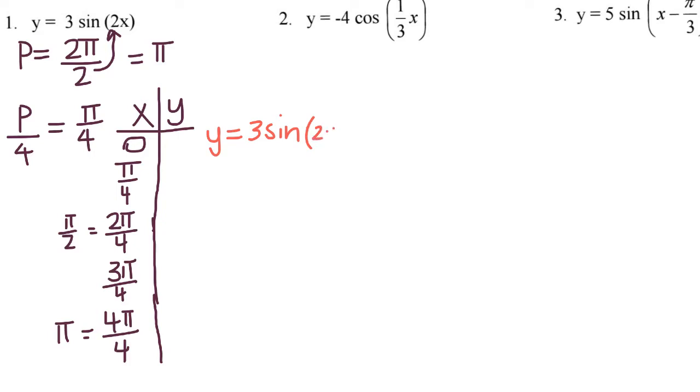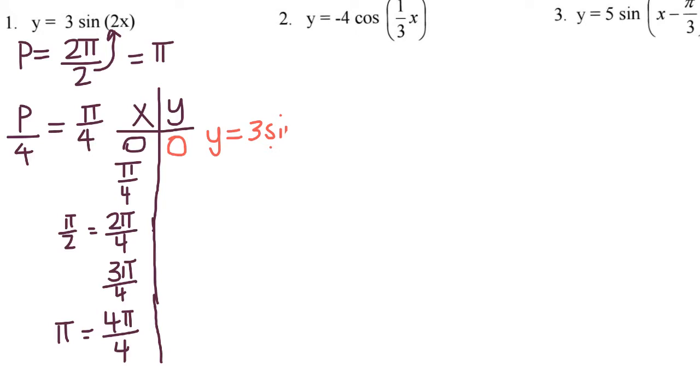And you would multiply 2 times 0, get 0, sine of 0 is still 0, and then 3 times 0 is 0. That is one way of doing it, and you can repeat all of that all the way through these.